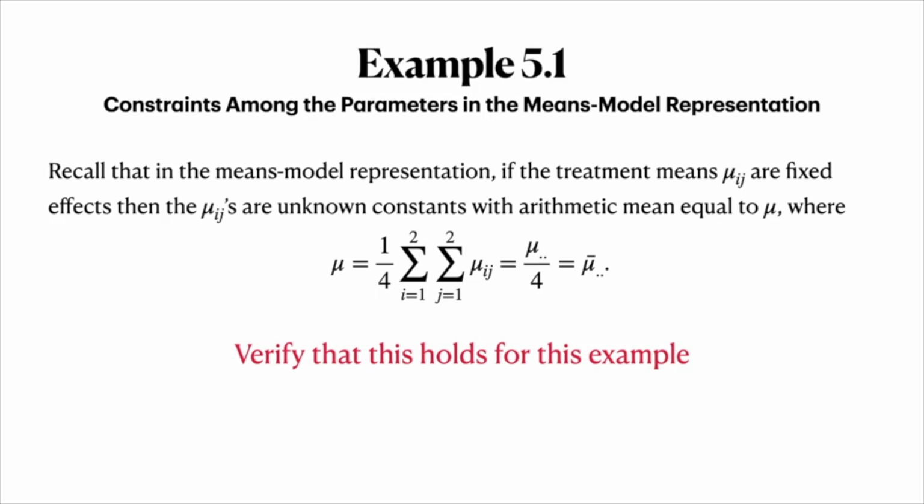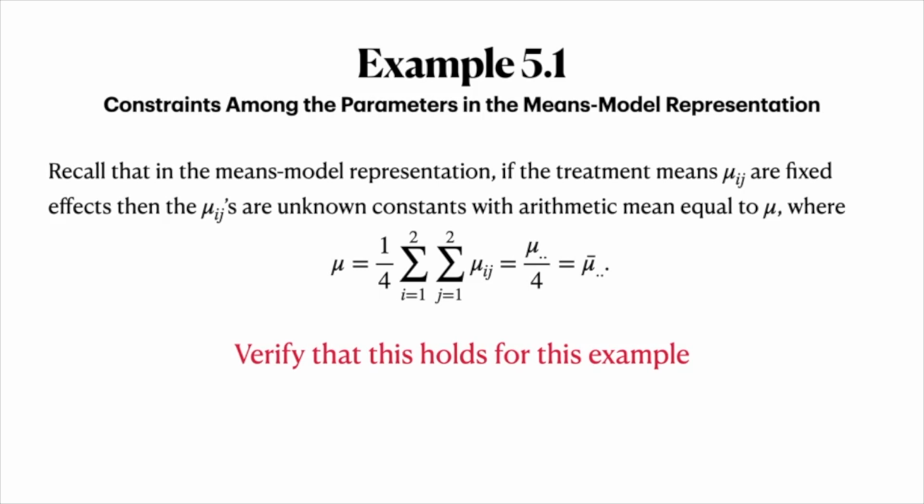I've got this expressed a couple different ways here. 1/4 times the sum, i going from 1 to 2 and j going from 1 to 2, of the mu ij's. I've also got this represented using the dot notation. So mu sub dot dot is the sum of all of the treatment means over all 4 combinations, and then we divide that by 4.